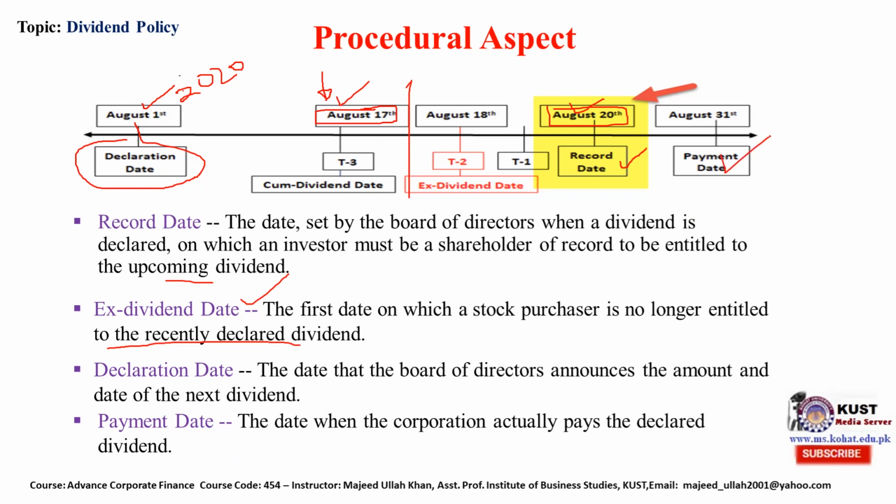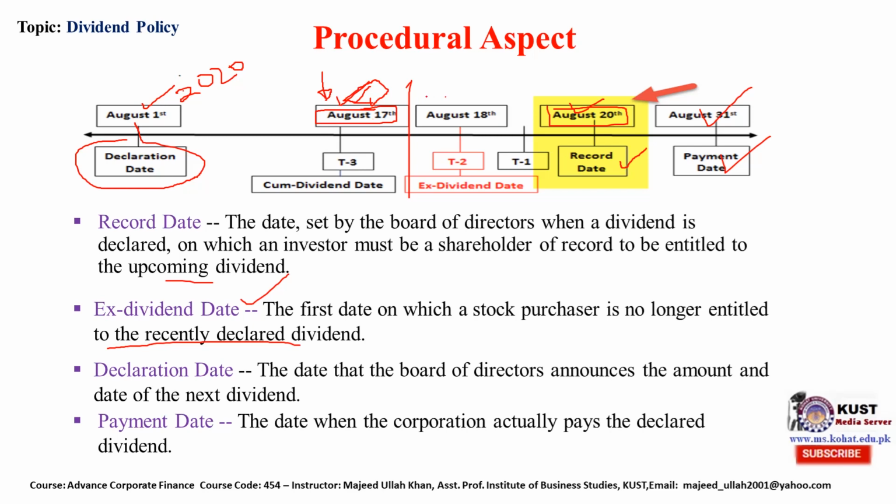Let's suppose 31st is the date on which the company will pay a dividend. This is the date that is final, up till this the shareholder must record their name in the book of account.